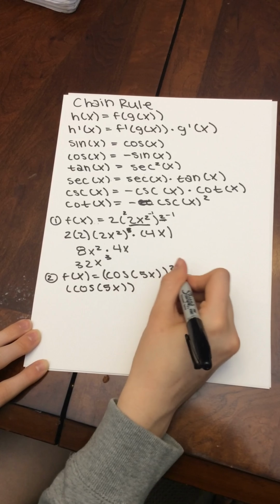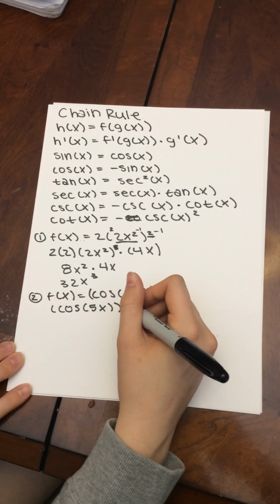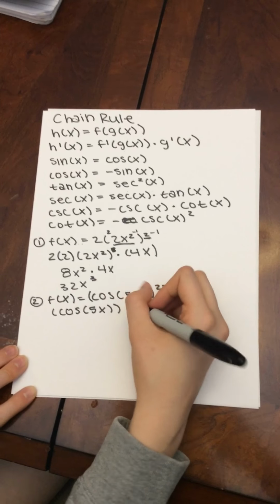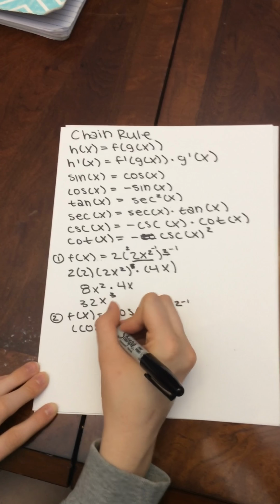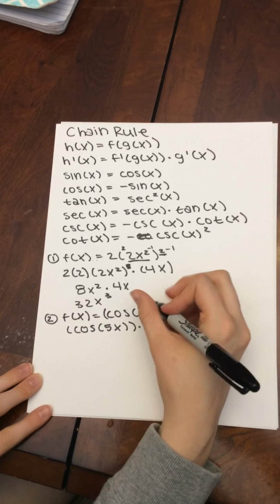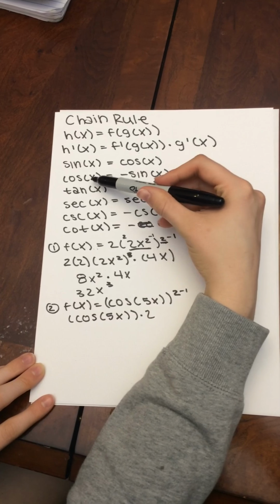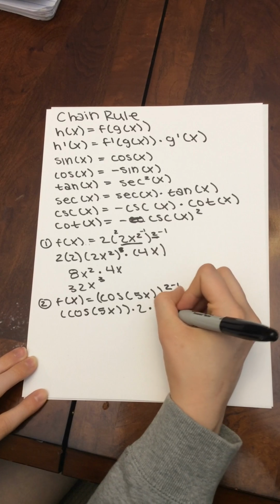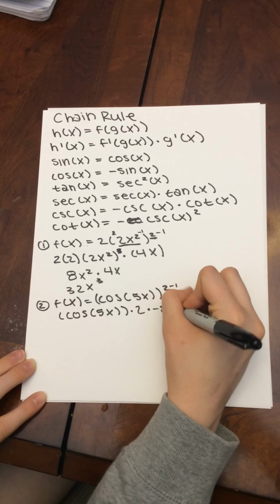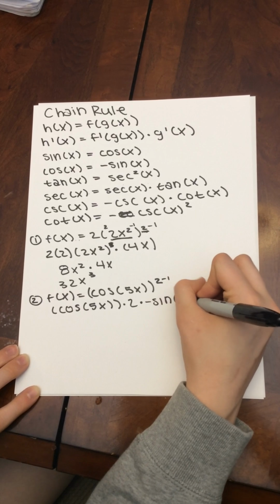And then all of it's to the power of 2, which minus 1 is 1. And then again, you are going to multiply this by 2, because you're multiplying this coefficient by the imaginary 1 there. And if you look back here, the derivative of cosine is negative sine. So then you're going to multiply it by negative sine 5x.